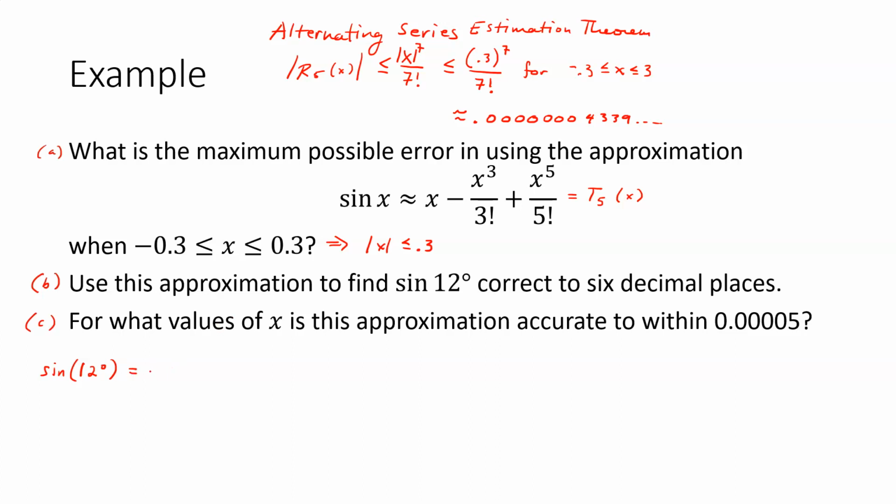Right? So remember, that's going to convert our degrees into radians. Okay. So in fact, what we're going to be plugging in here is 12 pi over 180, which of course we can reduce a little bit. It'd be about pi over 15. So we can do pi over 15 for x here.